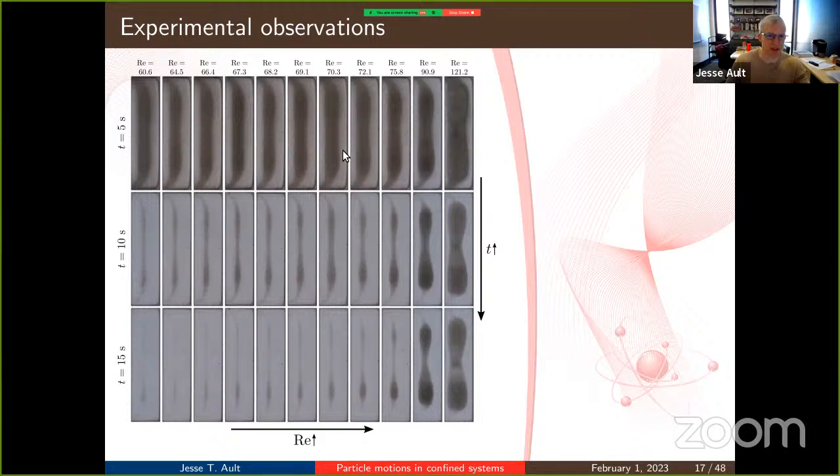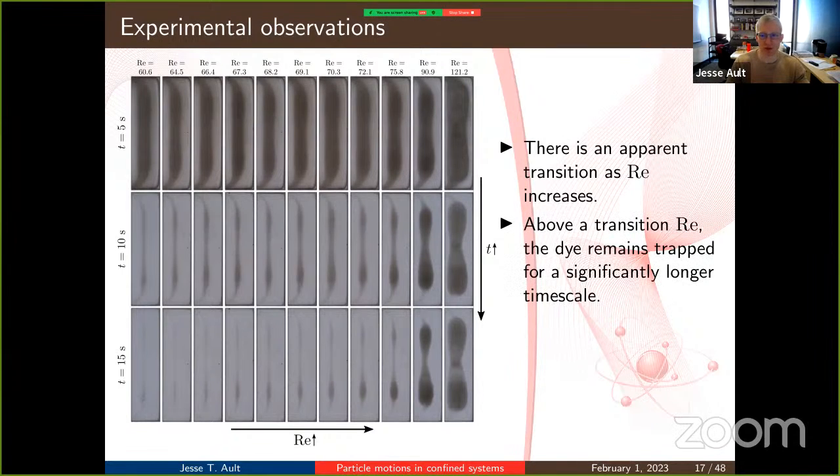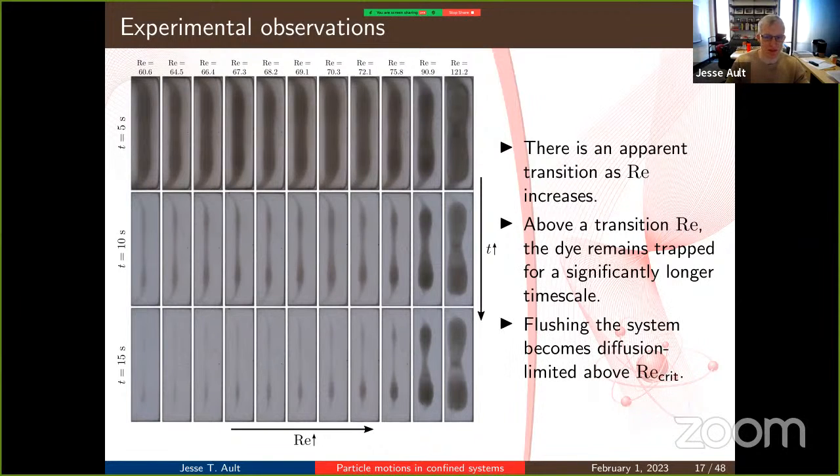But the idea is increasing Reynolds number sees some kind of transition from where the flow is just flushed out to where it has to diffuse out, which is a much slower process. So there's an apparent transition as the Reynolds number increases, and above this critical Reynolds number, the dye remains trapped for a much longer time scale, and then flushing the system in this case becomes diffusion limited.